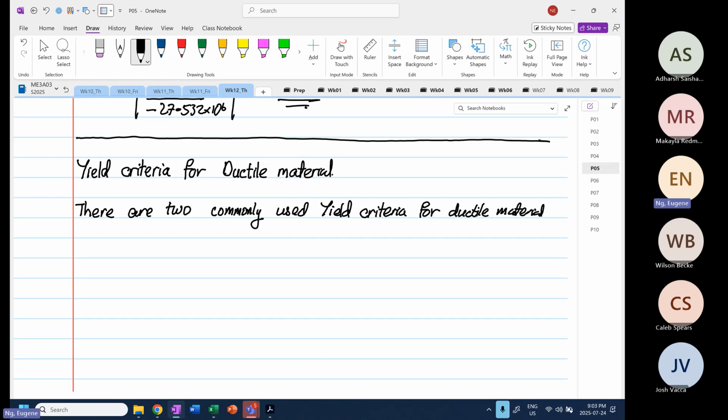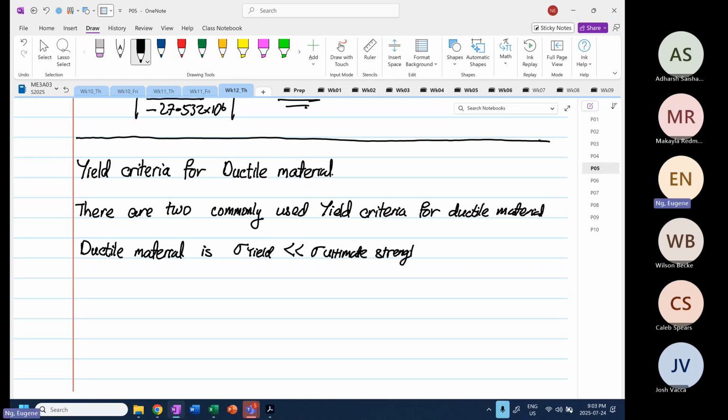Before I go on, the definition of a ductile material is usually when the stress yield is so much smaller than the stress ultimate strength.